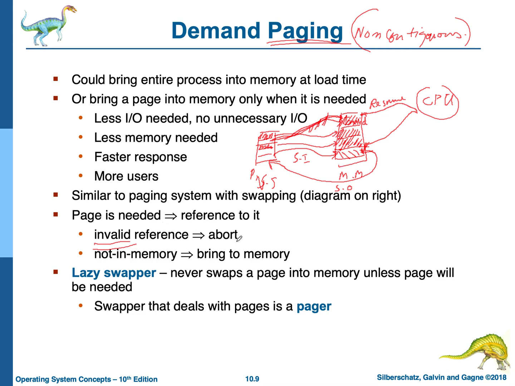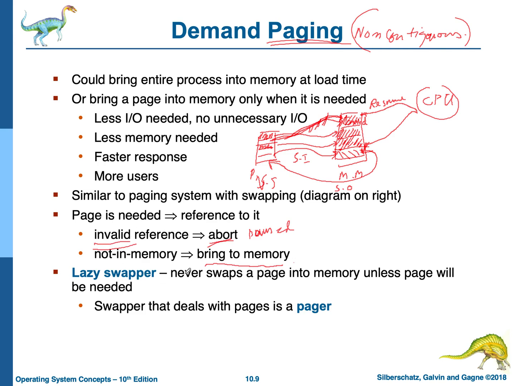So if the reference is invalid, the process is aborted or maybe paused for some time. The new page which was requested is claimed from the secondary storage; invalid means not in memory, and if it is not in memory, then bring it to the memory.